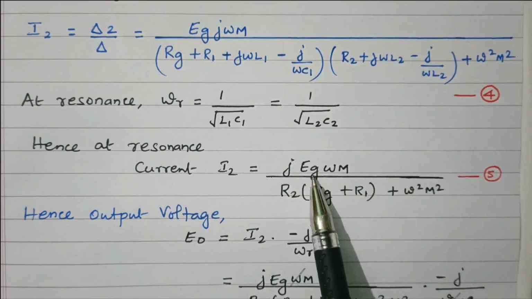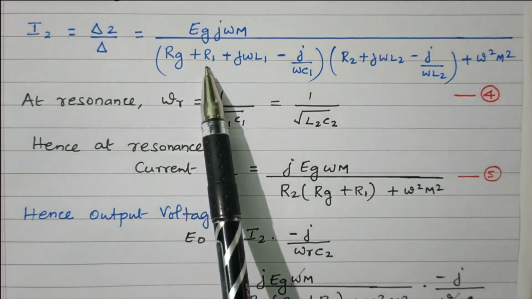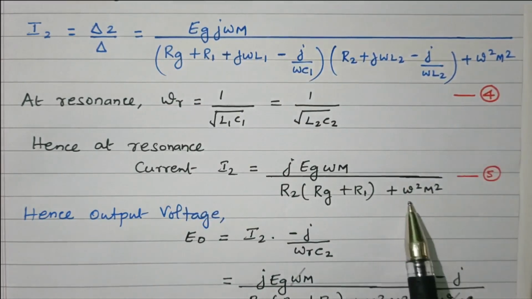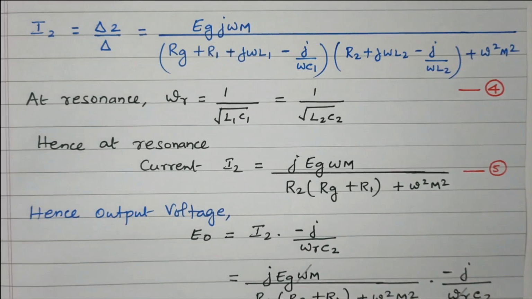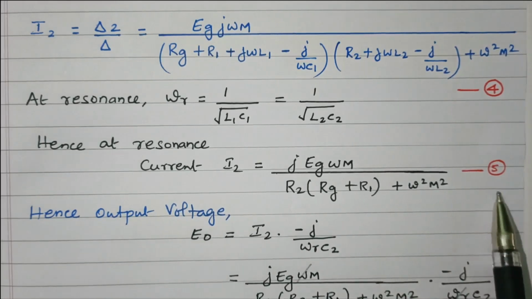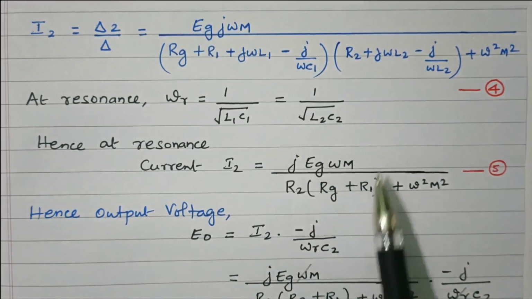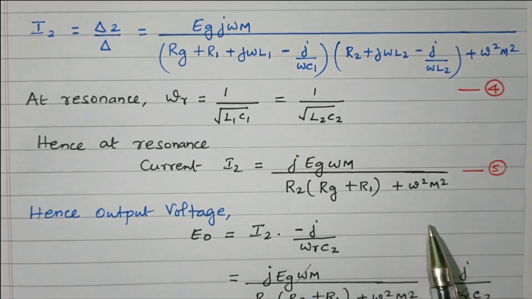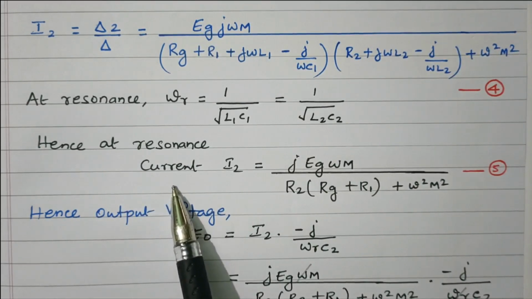So j Eg omega m divided by R2 R1 plus omega square m square, only these two terms are available. So this is equation number 5. Here this term becomes 0, so that Rg plus R1 term becomes 0, so only R2 plus omega square m square remains. Right?